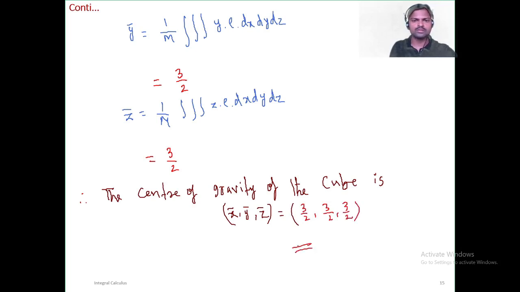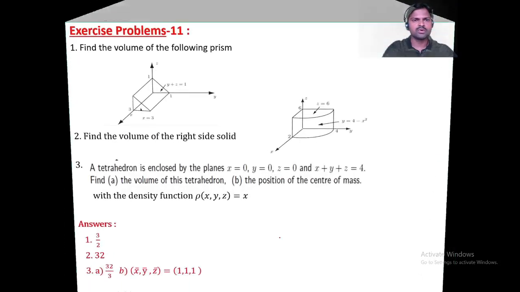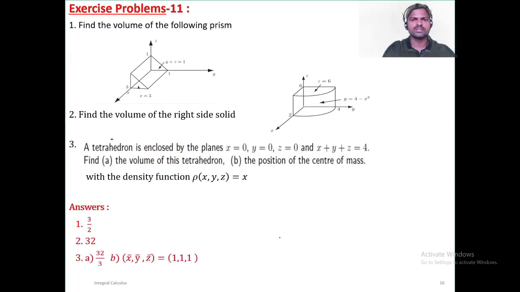So this is about center of gravity. Here I have taken a constant density function. You can take a variable density function also, and the procedure is the same. Let us take a few Excel problems, and with this I will stop.